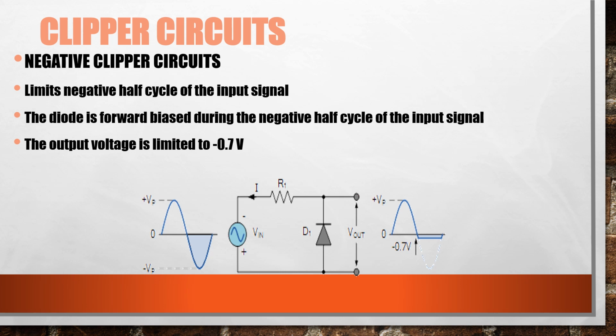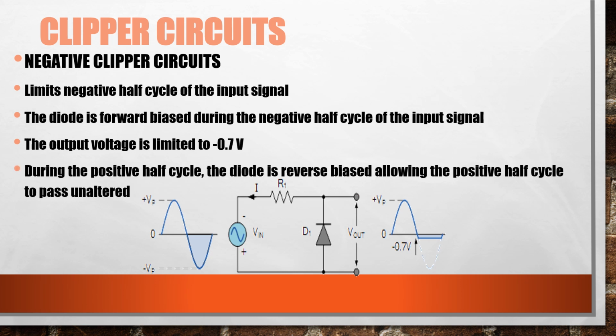During the positive half cycle of the input signal, the diode is reverse biased, allowing the positive half cycle to pass unaltered. So, this is the working of a negative clipper circuit.